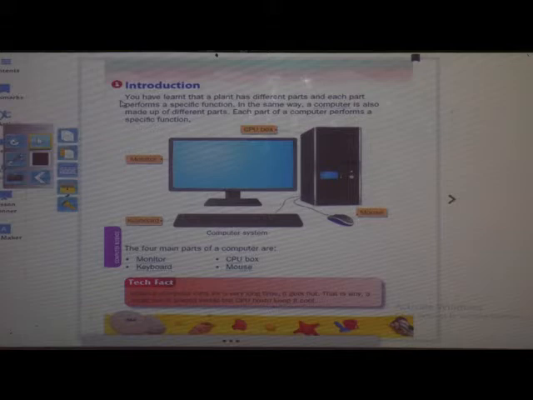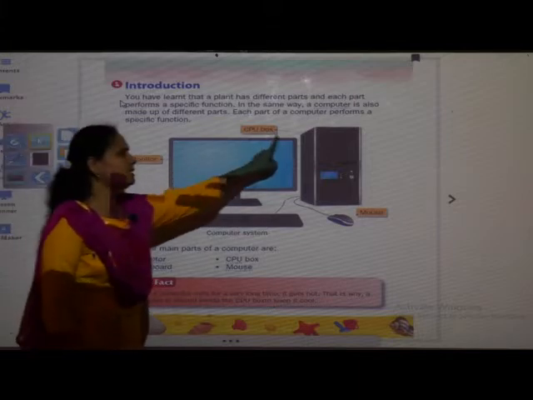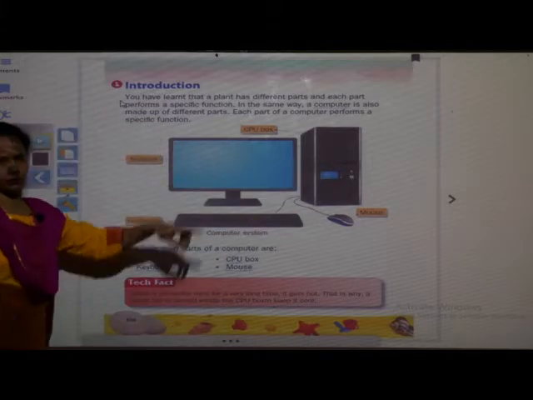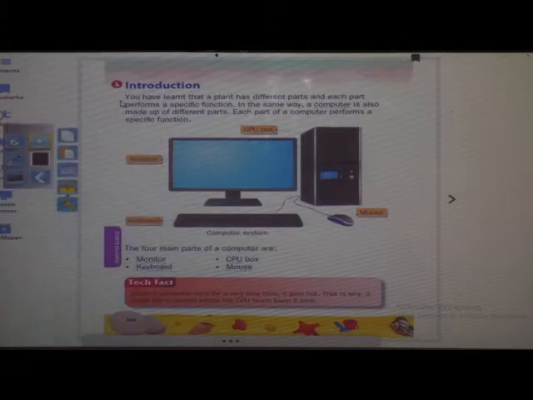In the same way, a computer is also made up of different parts. Each part of a computer performs a specific function. In this picture, you can see the different parts of a computer.